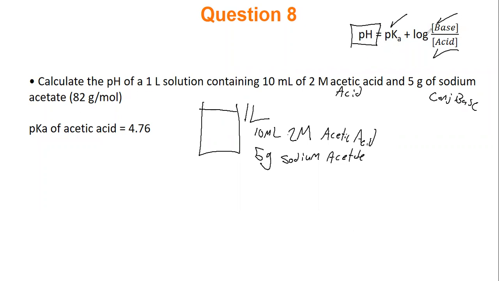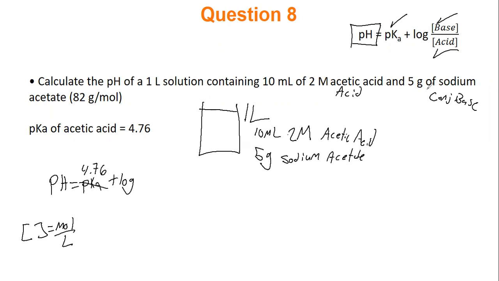I'm just going to start putting in numbers here. The pH, what I'm trying to find, is equal to the pKa. My pKa is given as 4.76, plus the log of the concentration of base. Remember, concentration equals moles divided by liters.